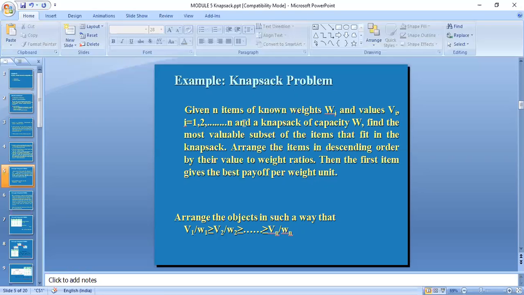Suppose there are 5 different items, you may not be able to fit all the 5 items into the knapsack. So we will be seeing which items, if you choose, will give you the most profitable result.